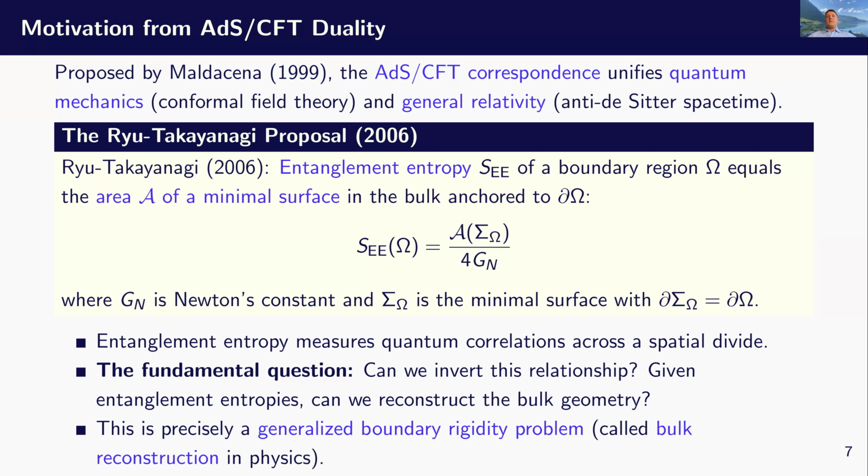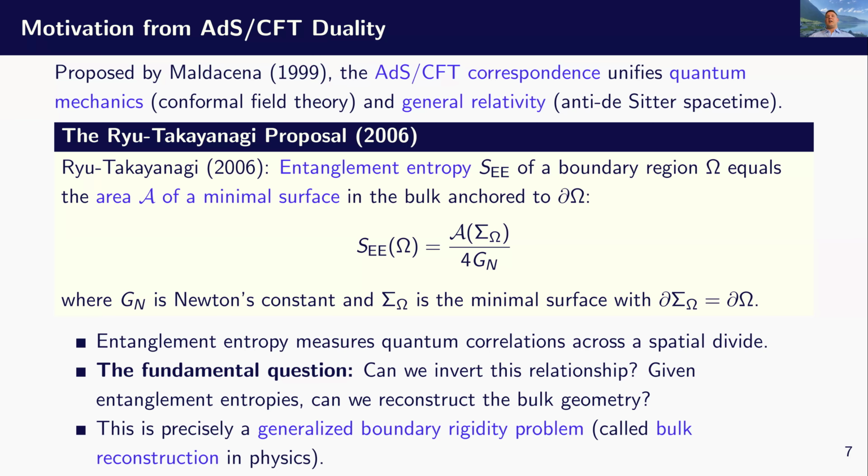Then in physics, of course, they ask whether we can invert this relationship. Namely, given entanglement entropies for all omegas living on the boundary, can you reconstruct the bulk geometry? So think about what this means through this proposal.